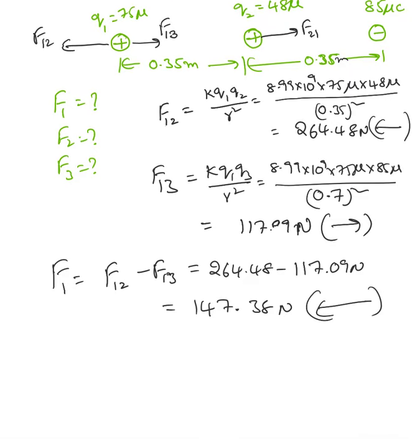Same way, we'll find F2, force on charge 2. Force on charge 2 is nothing but force on charge 2 because of 1 plus force on charge 2 because of 3. So we already have F21. F21 is nothing but negative F12.